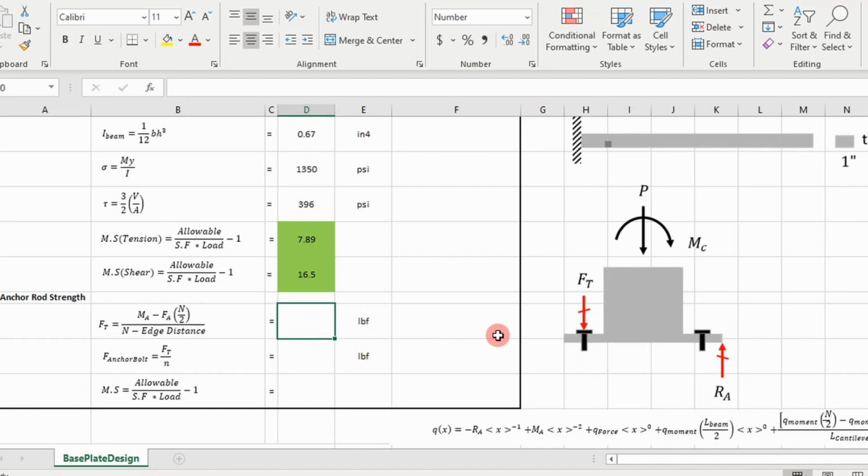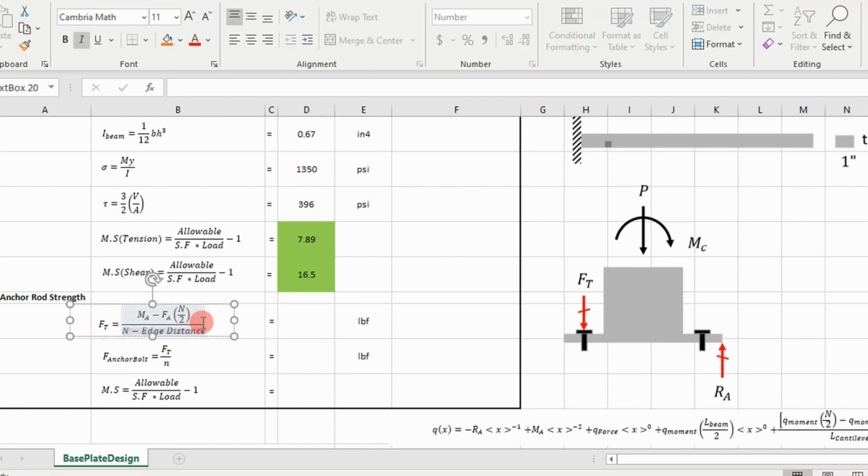All we're doing is using our moment equilibrium equation. We're summing the moments about the reaction at A here. If we do that, we end up with this equation right here, and you can derive that. That's what it comes out to be.